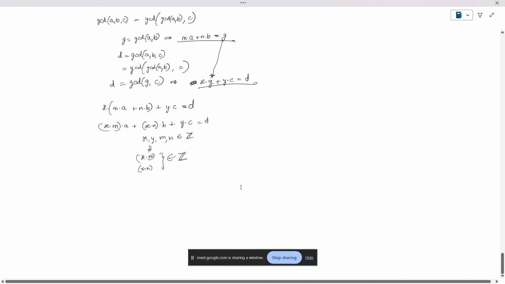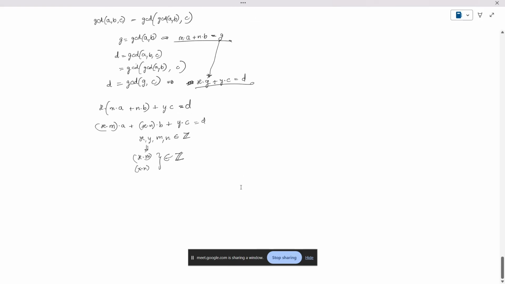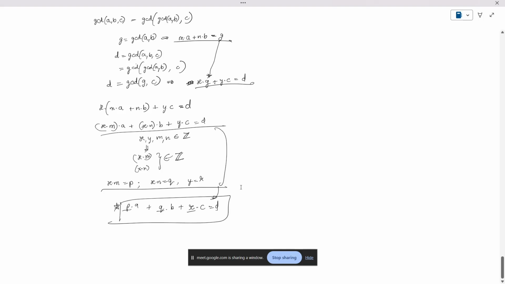With this in mind, we can rewrite X into M as P, X into N as Q, and Y as R. From this, we get PA plus QB plus RC equals D. So this is the expression that we want. We now have a method to evaluate P, Q, and R as well as D, provided integers A, B, and C.